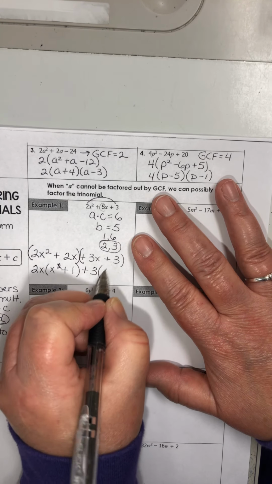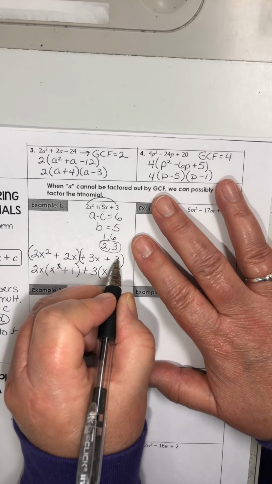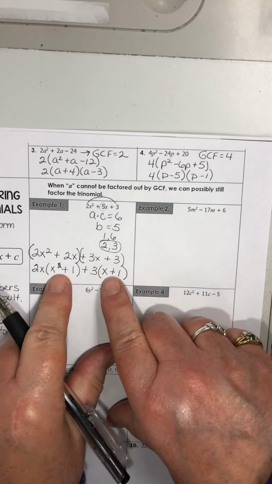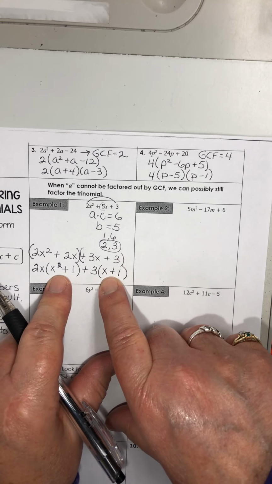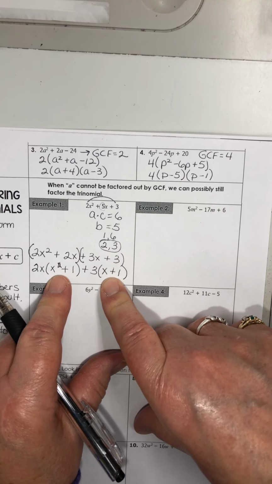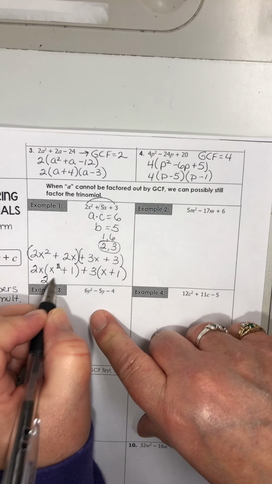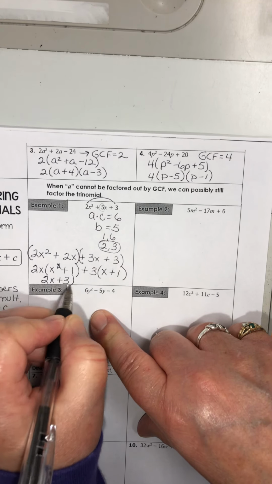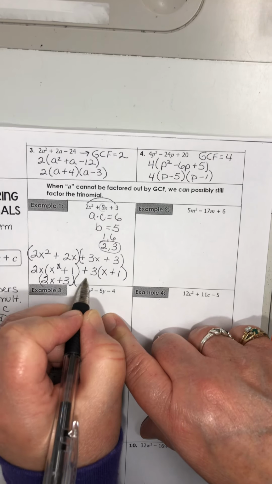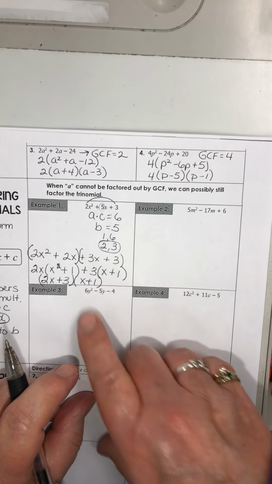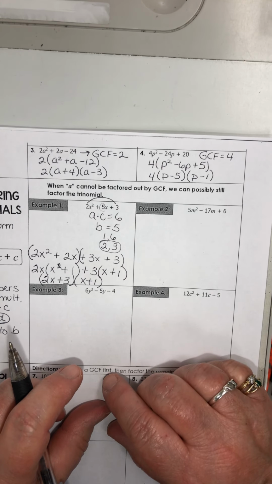Divide that 3 out, you get x plus 1. There we have those two same factors inside the parentheses, just like we did before, and here we have the other factor. So it's 2x plus 3 times x plus 1.